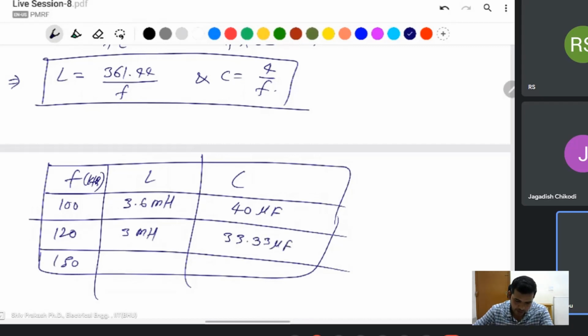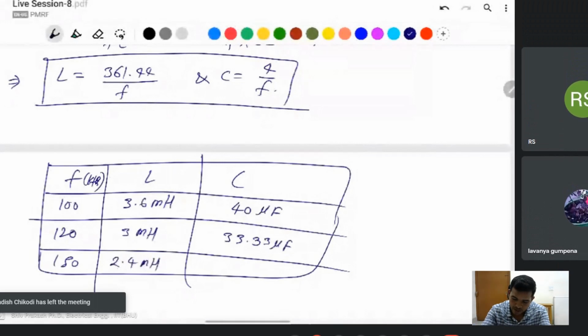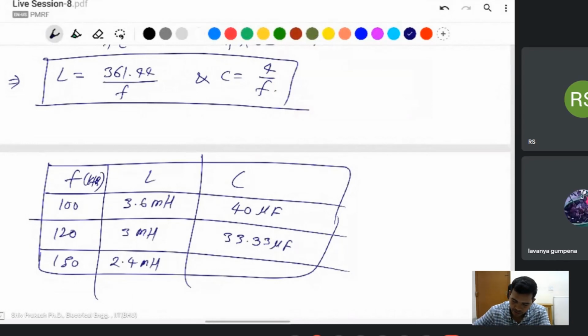For 150 kilohertz, 2.4 millihenry, and the same you can calculate for the capacitor, 26.6 microfarad. For the different frequency, different inductor and capacitor value.